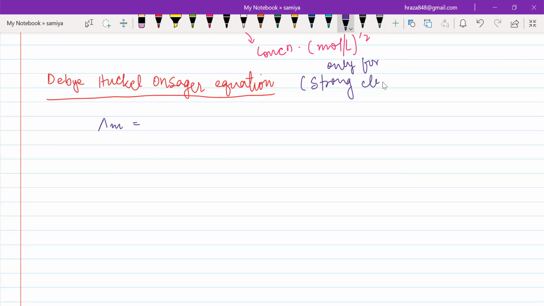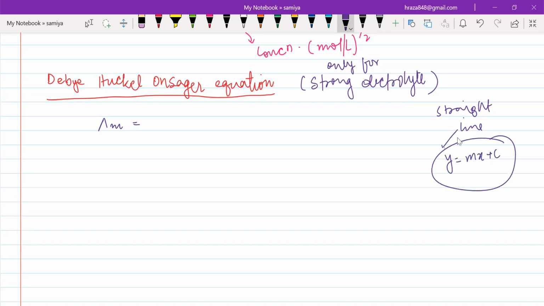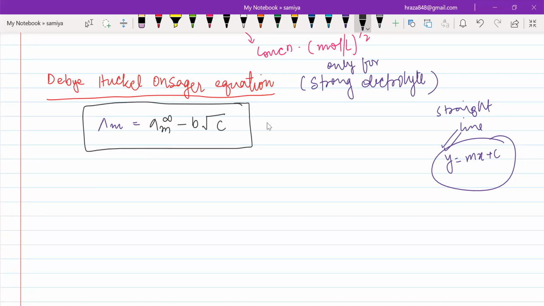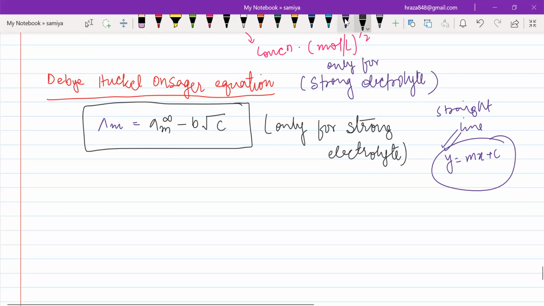As you know, a straight line has the equation y is equal to mx plus c. So on this basis, we are going to have the equation lambda m is equal to lambda m infinity minus b under root c, only for a strong electrolyte.